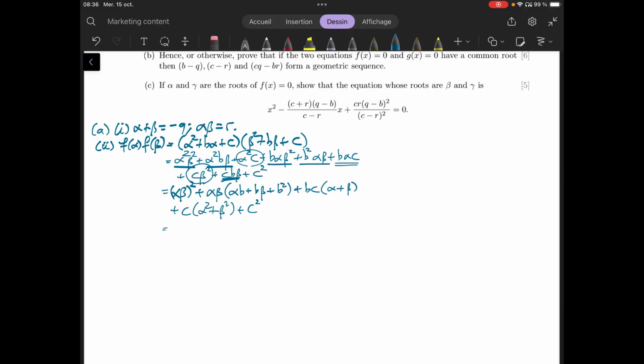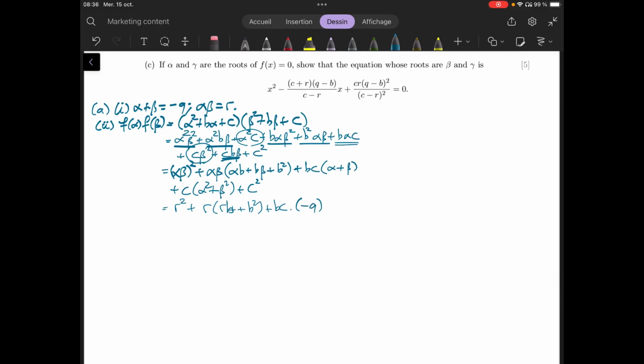Okay. Alpha beta is equal to r. Alpha plus beta, that's negative q. Alpha squared plus beta squared, that is alpha plus beta squared minus 2 alpha beta.